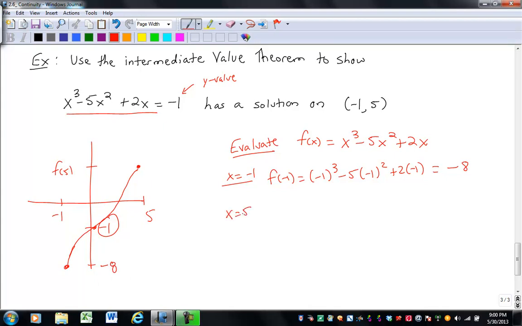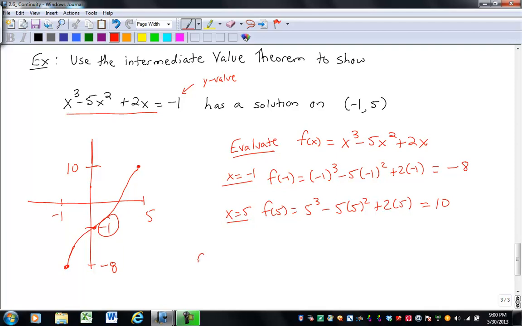Now I'm going to plug in 5 for x. When I plug in 5 for x, I get 5 cubed minus 5 times 5 squared plus 2 times 5. That's 125 minus 125 plus 10. So the y value when I plug in 5 here is the number 10.